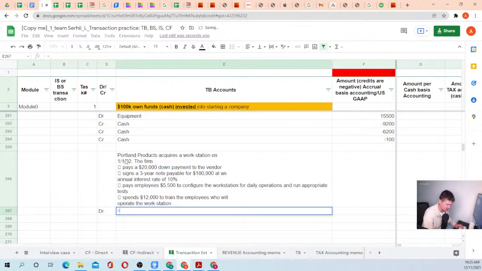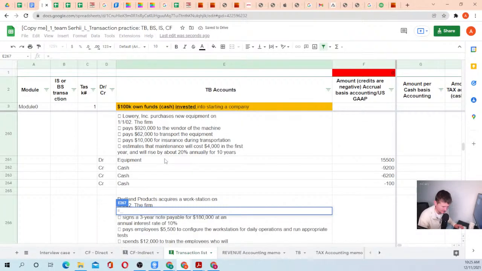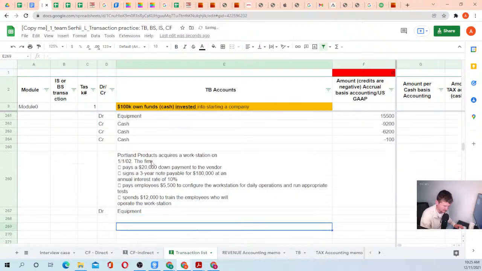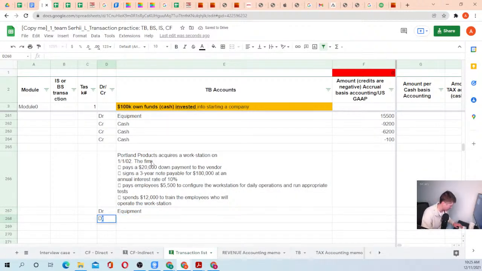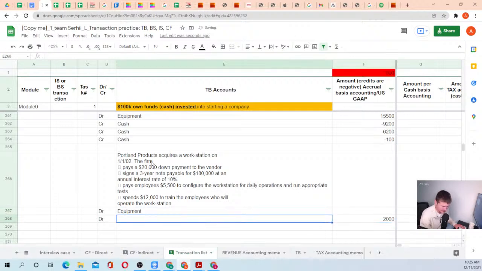So debit equipment. Okay, debit. So that is for down payment, and it will be, let's call it 2000. Cash.